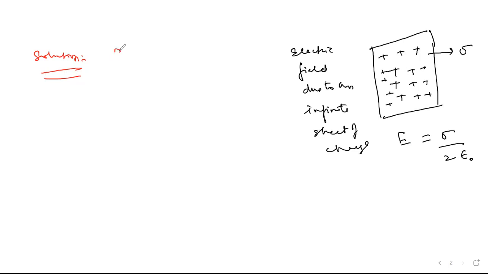Now for the positive sheet, the magnitude of the electric field due to the positive sheet is sigma plus by 2 epsilon naught, right?